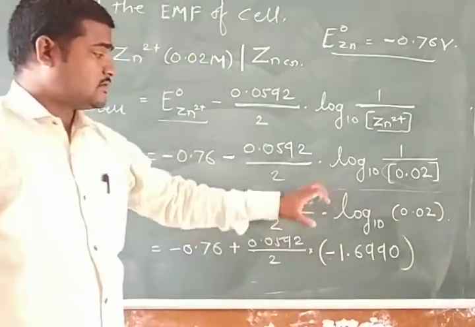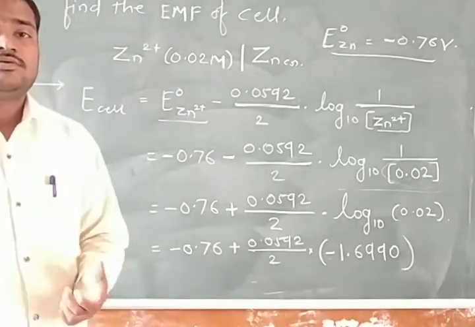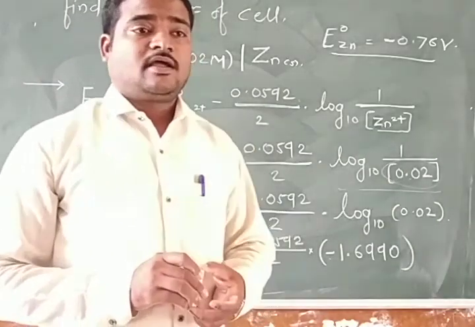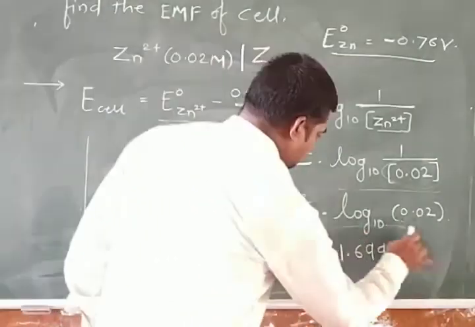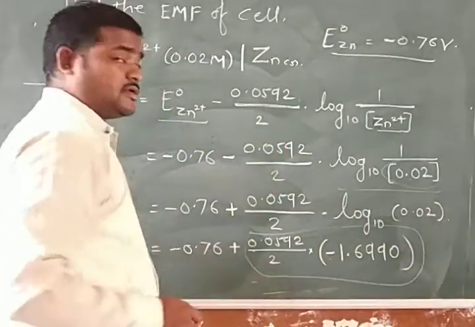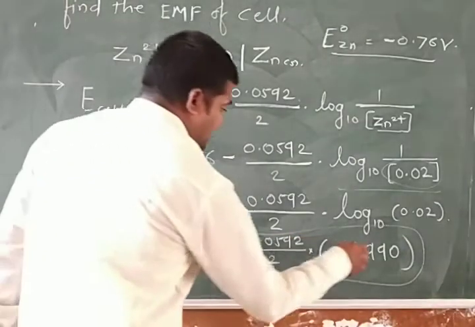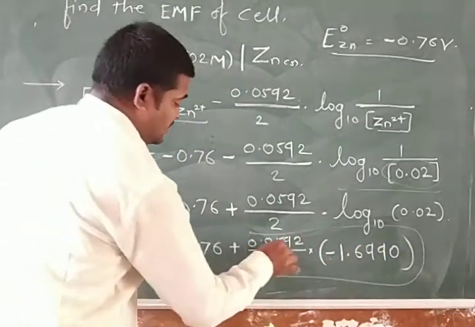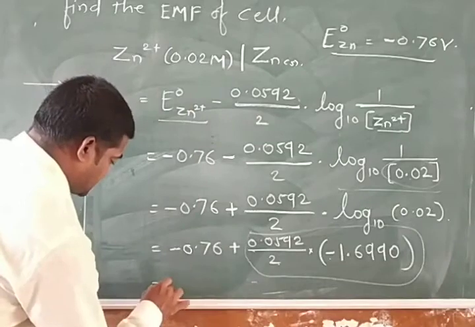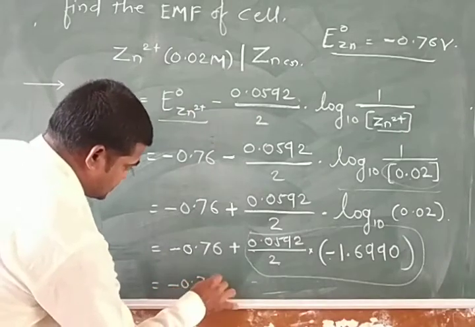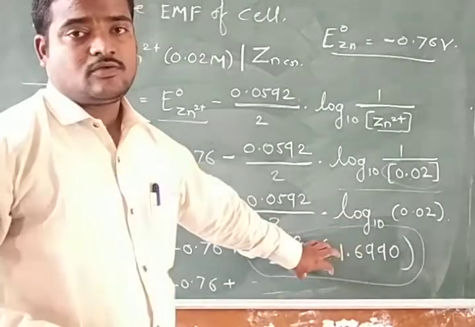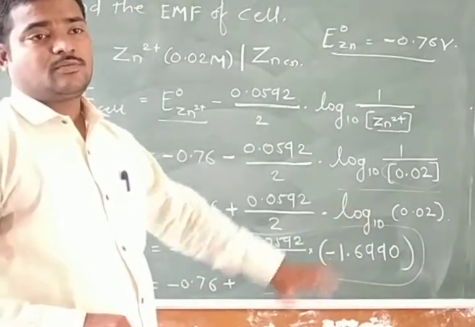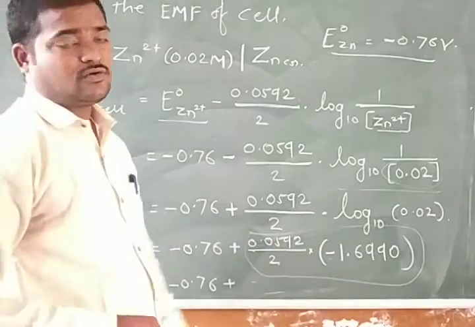You just calculate it using a log table, and after this simplification of all these terms, go on multiplying it with this number and divide it by 2. You will find the answer: minus 0.76, I will keep as it is, plus. After solving this whole term you will get the answer minus 0.0503.